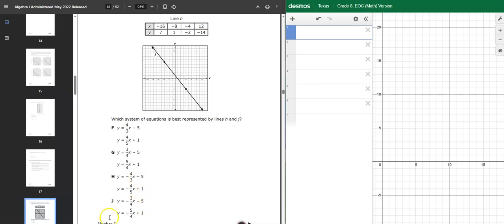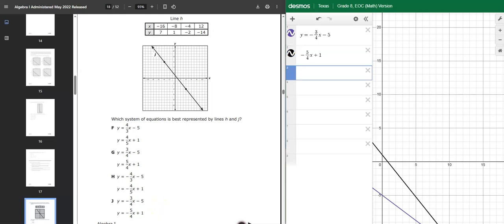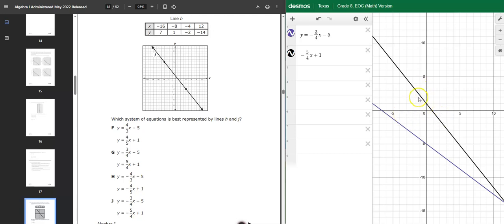So let's just try this one down here and say y equals -3/4 x minus 5. And I'll go ahead and do the other one so you can see it all together. -5/4 x plus 1. Okay, now I need to check and make sure, like this black line looks pretty close, but let's see if it includes the points I need.